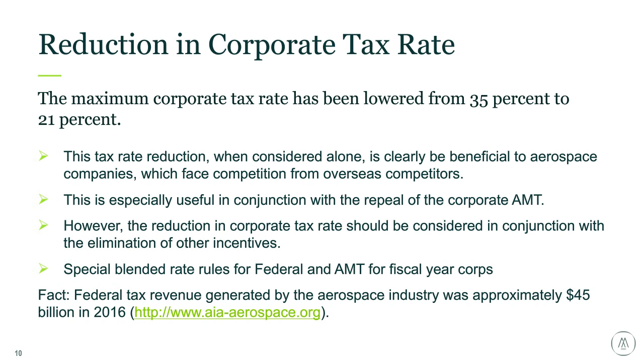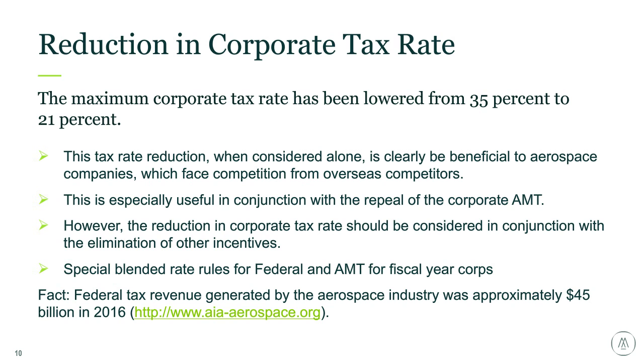But you do need to consider this in conjunction with the fact that we did lose certain key tax incentives as part of tax reform. Another key consideration is that multinational companies with foreign operations will experience some complexity related to the repatriation of foreign earnings and the new international tax provisions that Roy will be talking about.